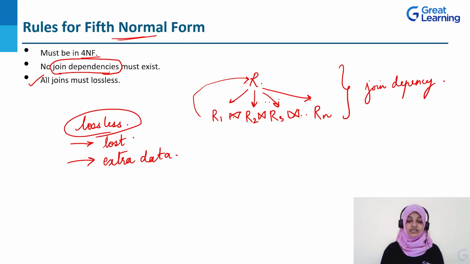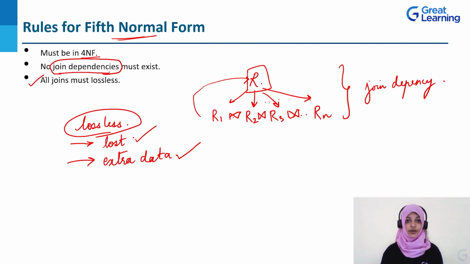What lossless means is that you should always get back meaningful data that was a part of the initial relation. This means that if there is data lost from the original relation, or if there is data which is found extra when compared to the original relation, in both cases, meaningful data has been lost in one way or the other.